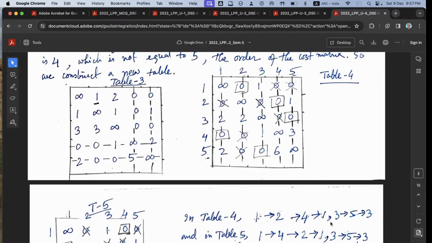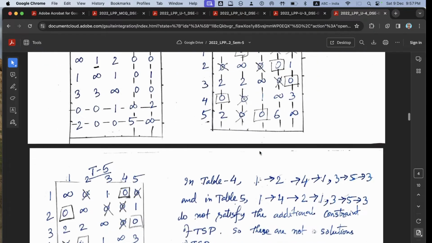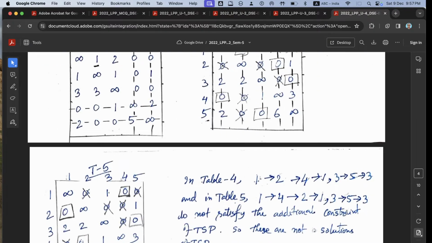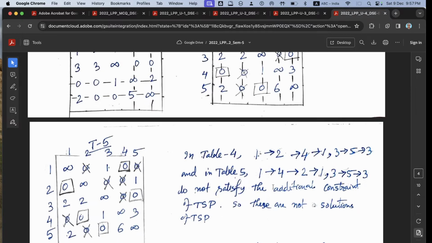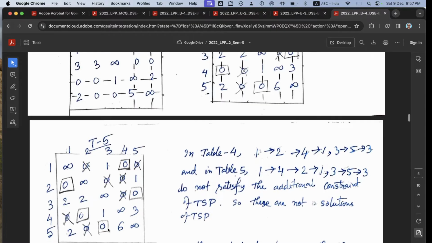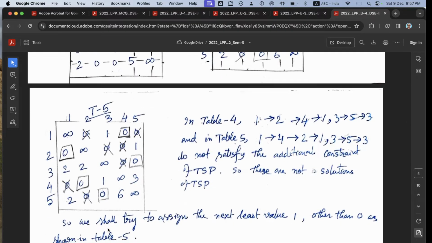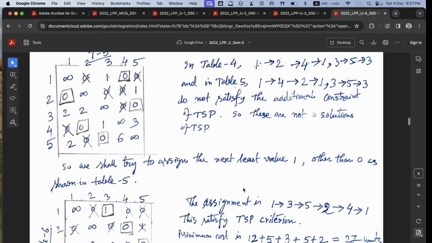So in table 4 we get this one cycle and another cycle 3 to 5 and 5 to 3. This does not satisfy the additional constraint. In table 5 we also get two separate cycles: 1 to 4, 4 to 2, 2 to 1, and the other cycle 3 to 5, 5 to 3. So these two tables do not satisfy the additional constraint of TSP, and these are not the solution of TSP.